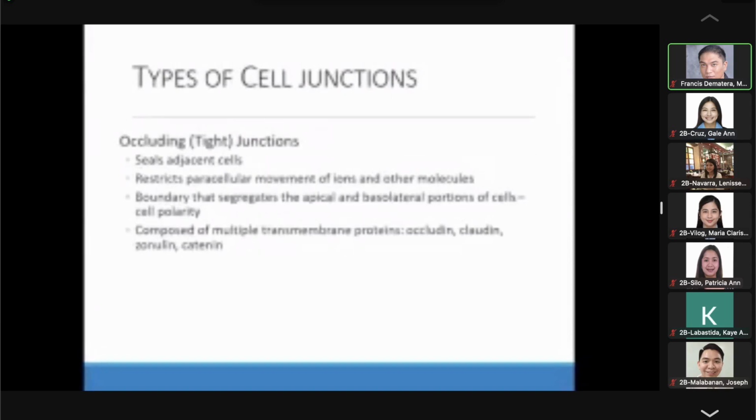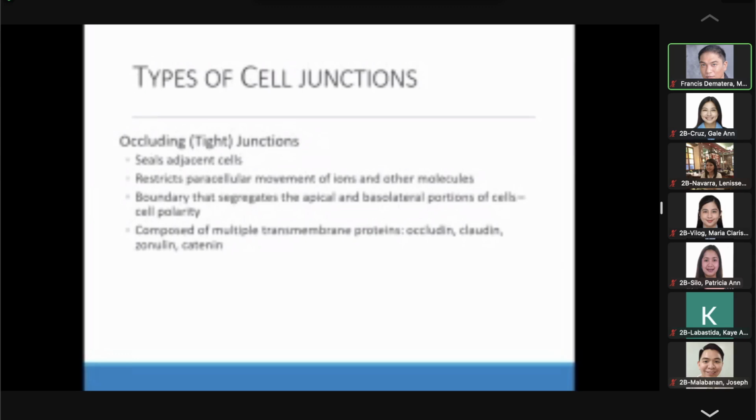So cells also communicate with each other by means of junctional complexes, and these are the basic types. First we have occluding or tight junctions. These seal adjacent cells and restrict paracellular movement of ions and other molecules.